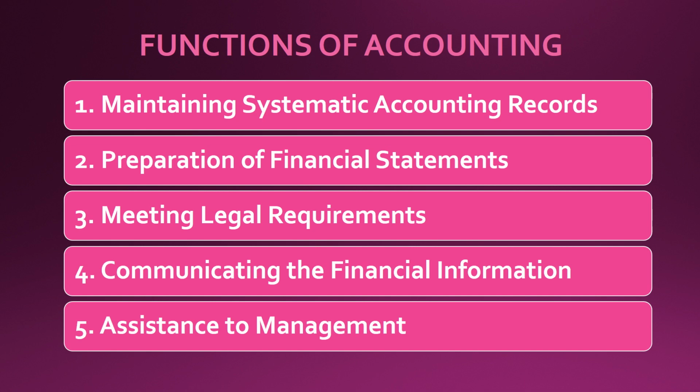Trading account and profit and loss account is prepared to calculate profit or loss, and position statement is prepared to depict or to show the financial position of the business in terms of assets and liabilities.